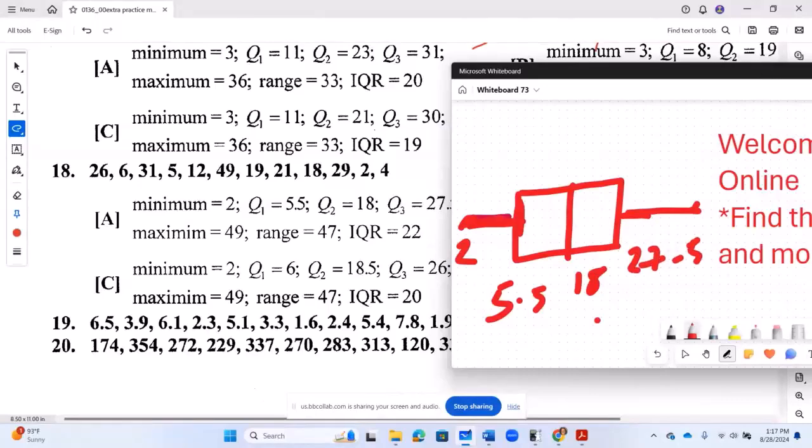And the maximum number is 49. So I can just draw a box plot because I already found the 5-number summary. All I need is to draw a box plot and put in the numbers I already have.